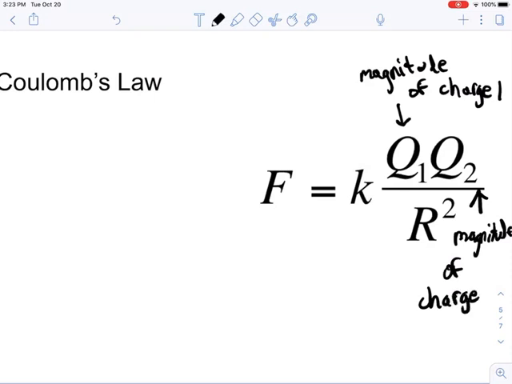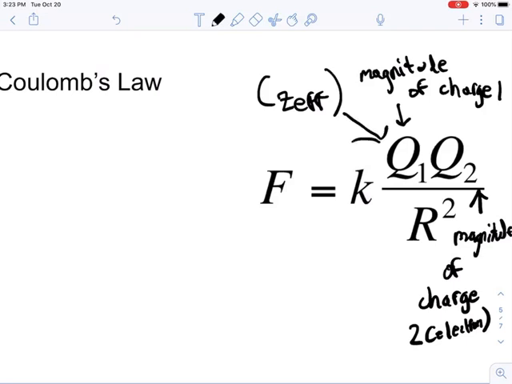But for us, this second charge is pretty much always an electron. What changes for us is the magnitude of charge 1. And that's because the magnitude of charge 1 is basically equivalent to the effective nuclear charge. So when you see Q1, you should think effective nuclear charge. And when I talk about the effective nuclear charge increasing across a period, for example, you should think an increase in the magnitude of the charge.